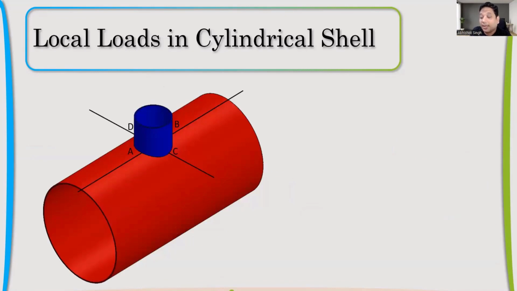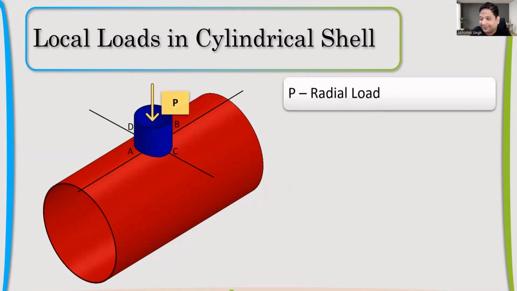Now, local loads. What are the difficulties? Two we understood: one is radial and the second is MC. But there are lots of other loads. What are these loads? The first one we already saw, radial.